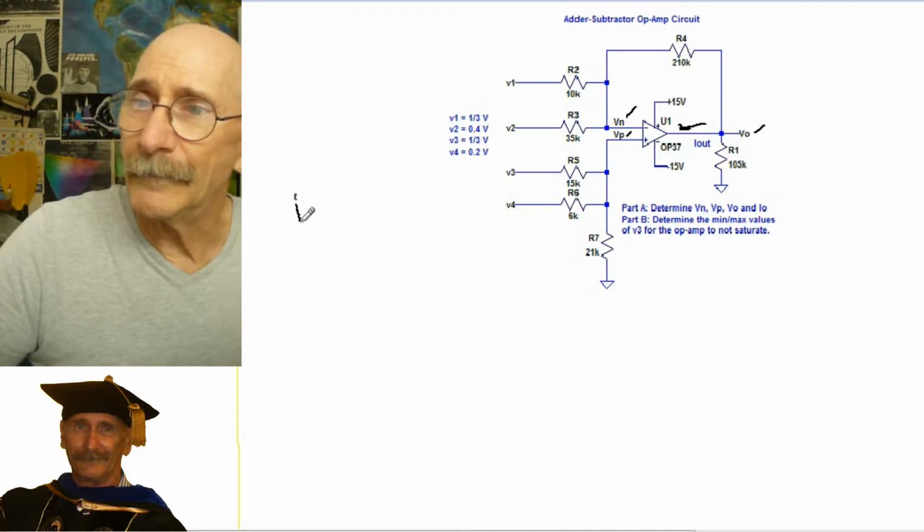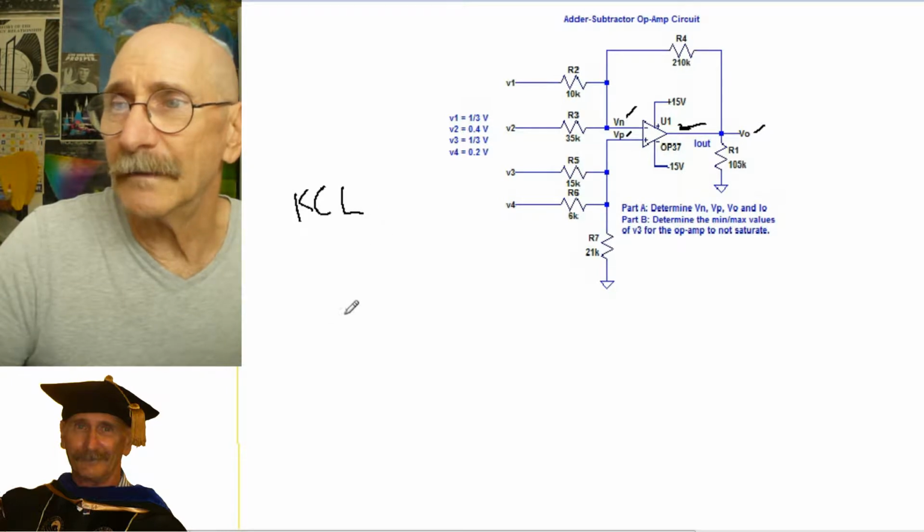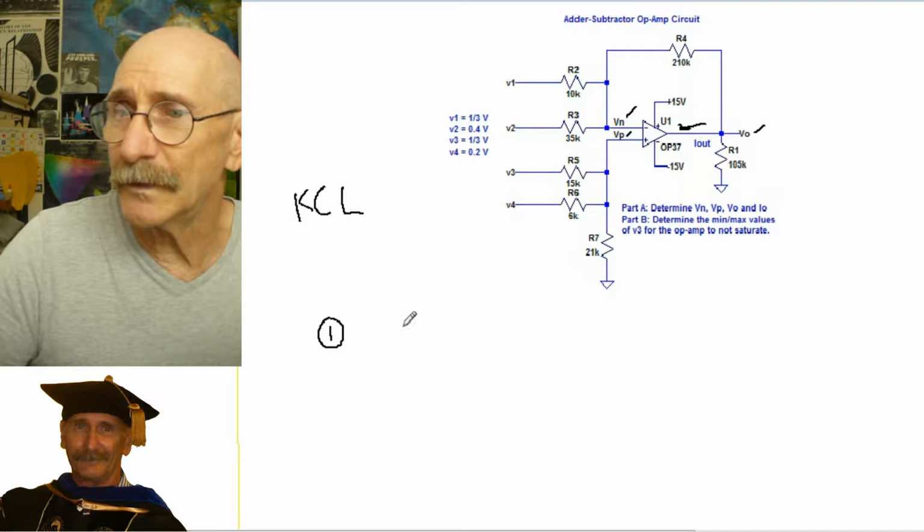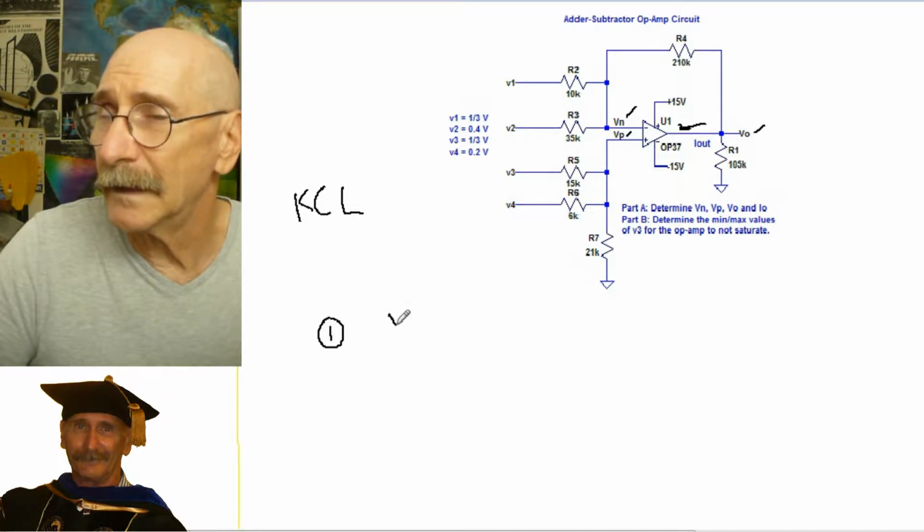Okay, so what we're going to use is KCL to solve this, and we're going to write three equations. The first one we're just going to write around V sub n.